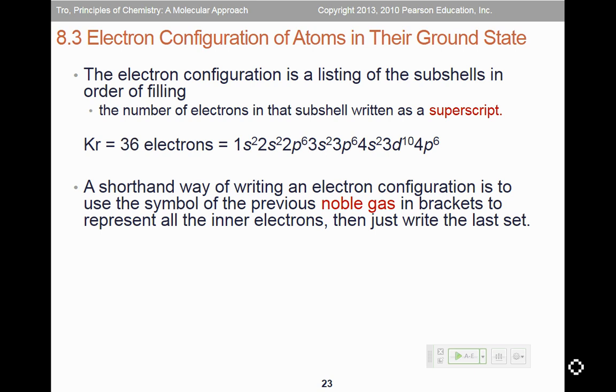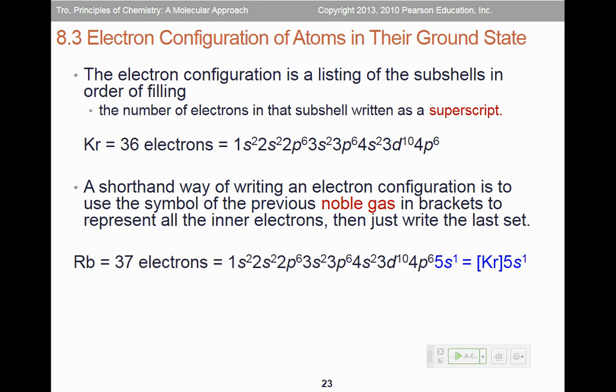So oftentimes, instead of writing the whole thing, you'll see it written as a symbol of the noble gas. So for example, rubidium, it's 37. Notice that this is exactly the same as krypton, because krypton is the noble gas right before rubidium. And the difference comes in the 5s subshell.